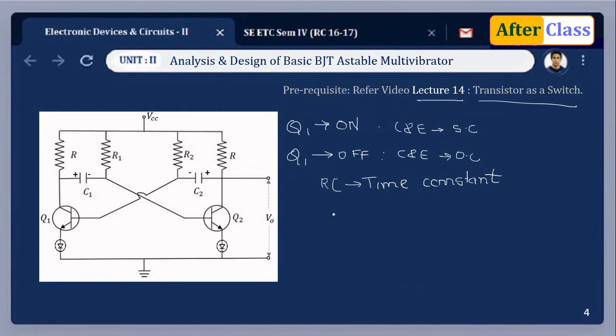When I say transistor is acting as a switch, there is a possibility of just two states. A transistor can be either on or off. When the transistor is in on state, we say the transistor has gone into saturation, and when the transistor is in off state, we say the transistor is working in cutoff mode.